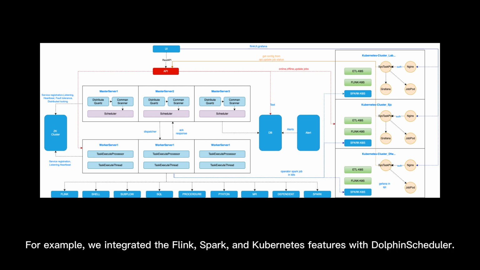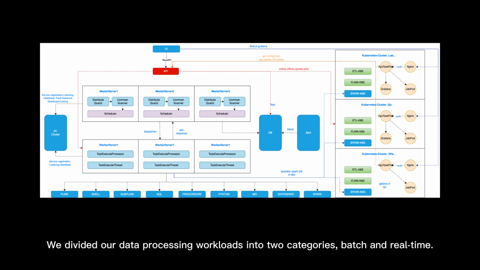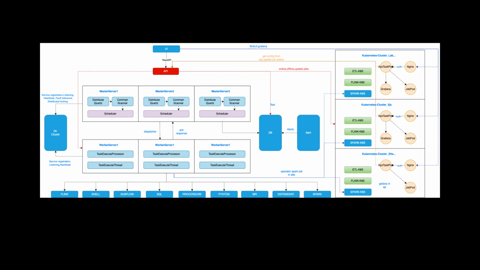For example, we integrated the Flink, Spark, and Kubernetes features with DolphinScheduler. We divided our data processing workloads into 2 categories: batch and real-time.